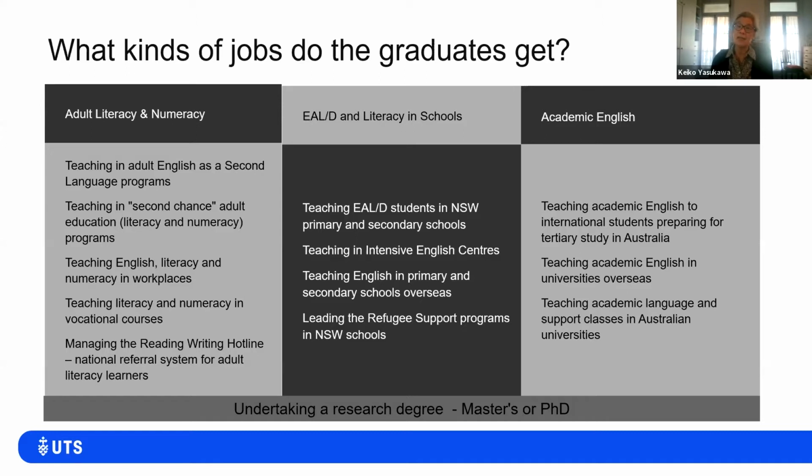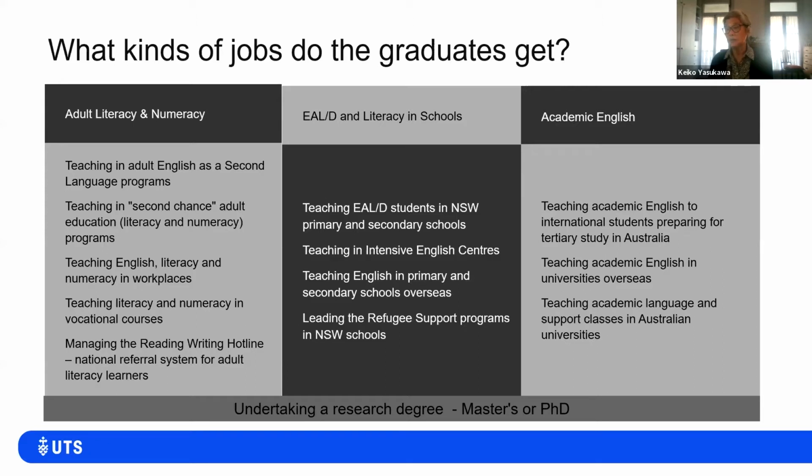So this is a big sector, and currently, because of the border closures, it's suffered, but I'm sure it will pick up quite rapidly as soon as the borders open, because a lot of international students want to study in Australia.